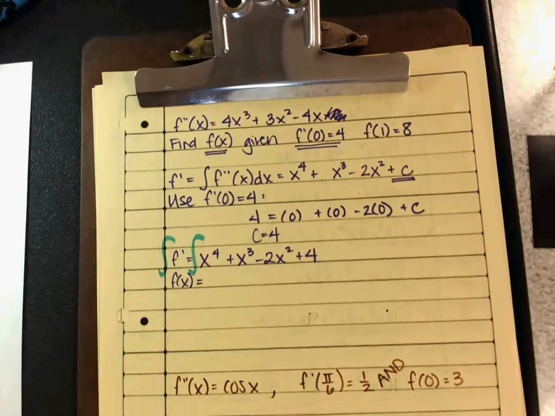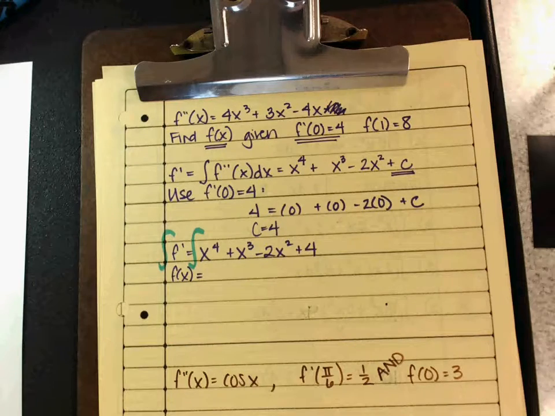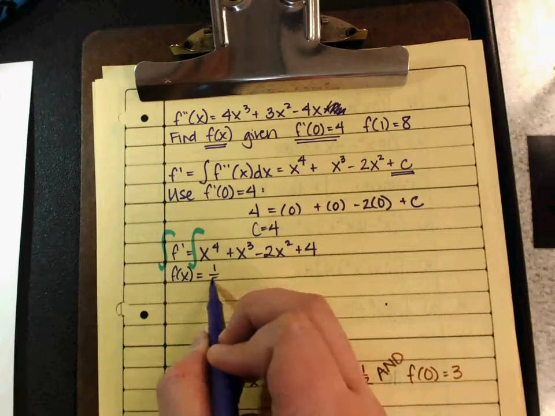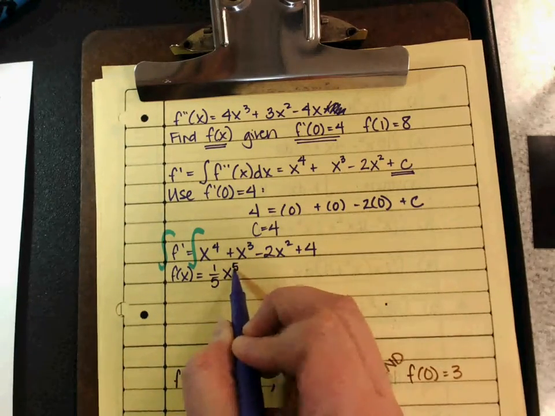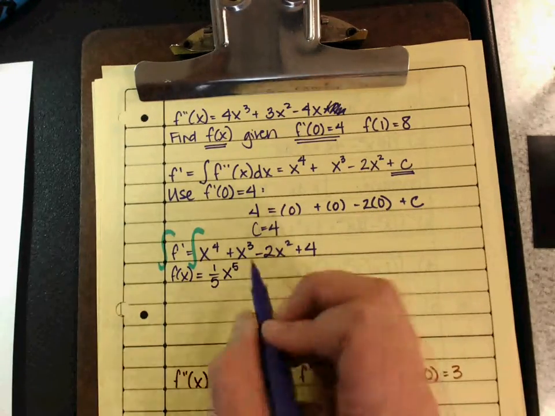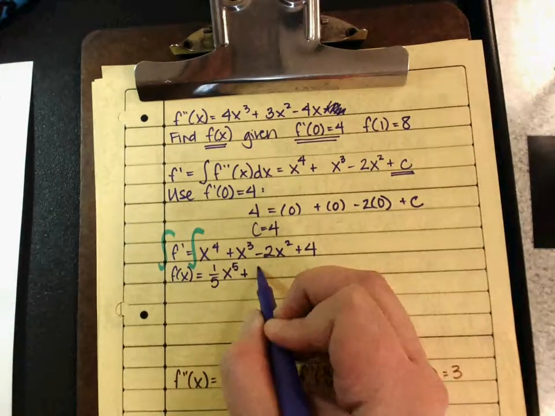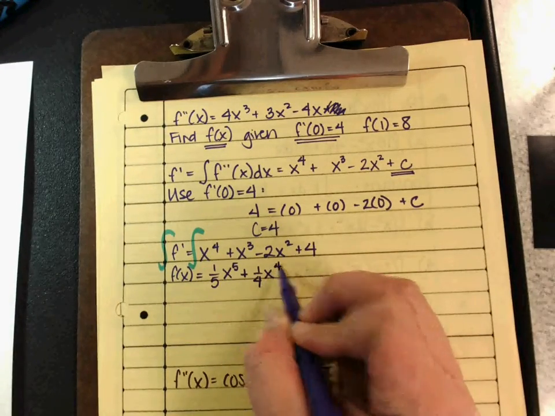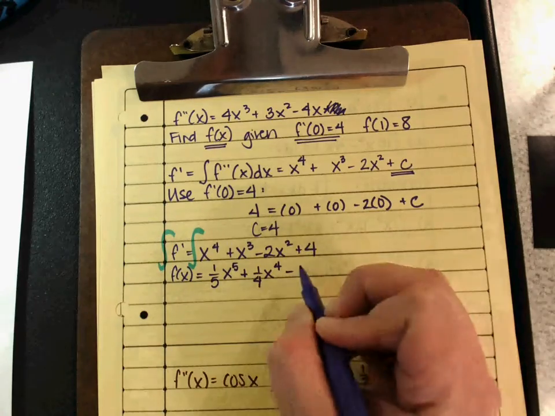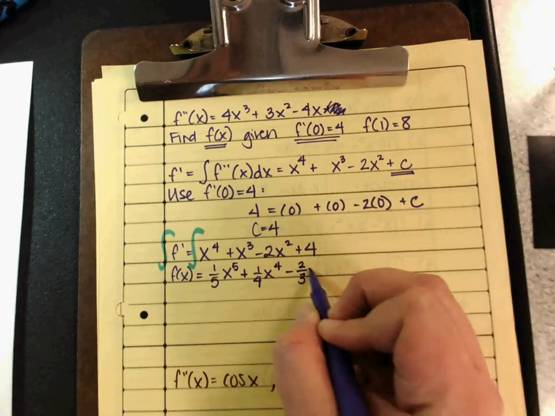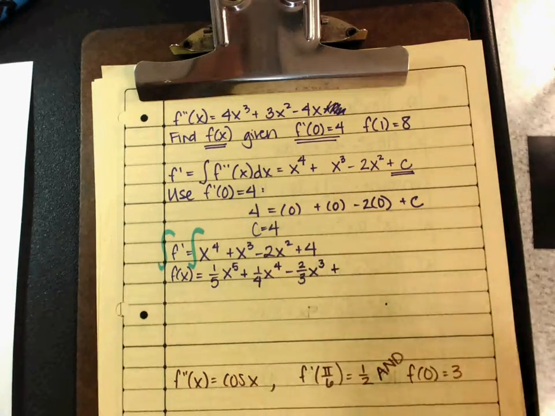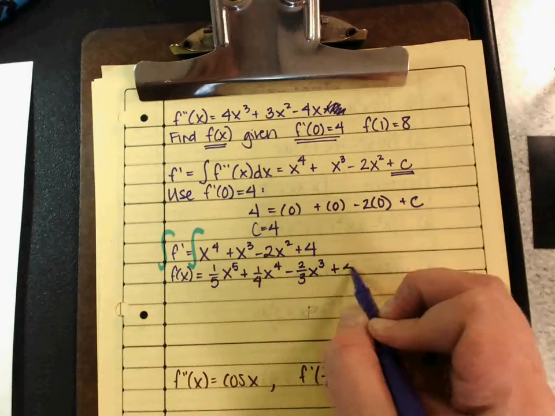And what will the antiderivative be of x to the 4th? 1/5 x to the 5th. Next one. Minus 2/3 x to the 3 plus 4 what?